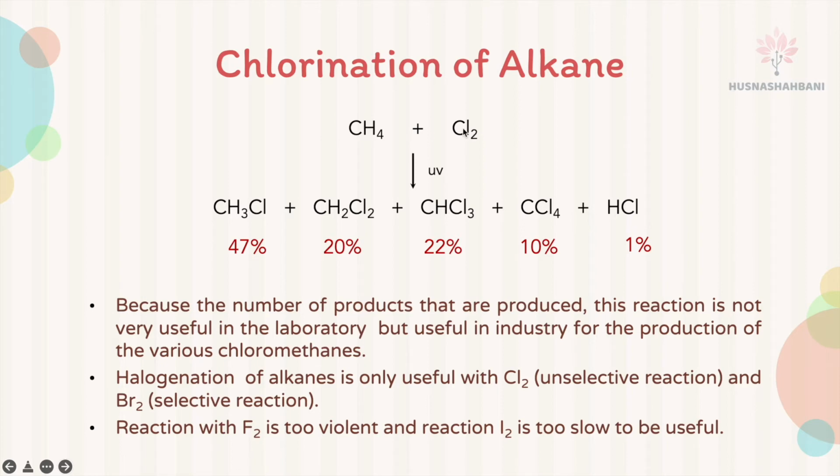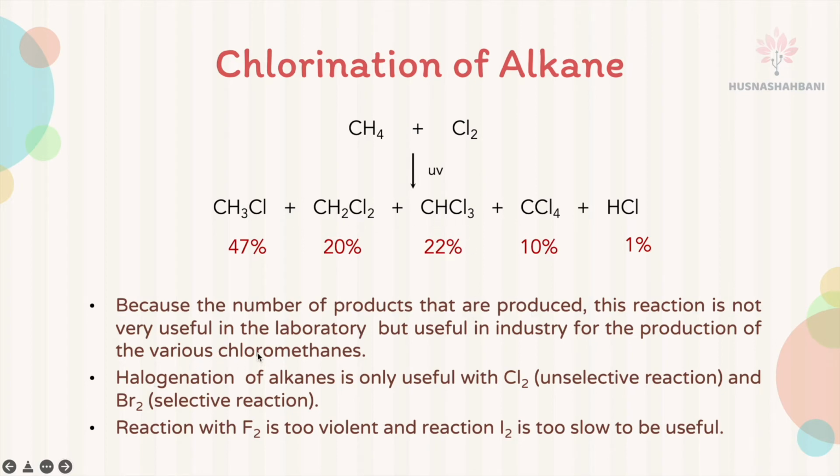In this reaction, 47% have chlorine replacing 1 hydrogen, 20% replace 2 hydrogens, 22% replace 3 hydrogens, 10% replace all hydrogens, and 1% is side product. So this is not very useful in the lab if you want only one type of alkyl halide. But it is useful in industry because these various chloromethanes are useful in the production of various products.